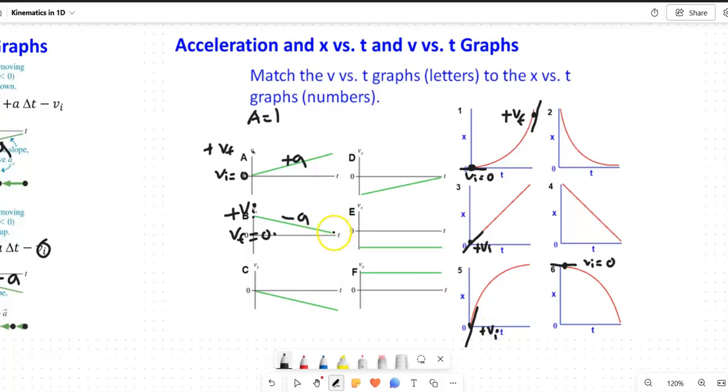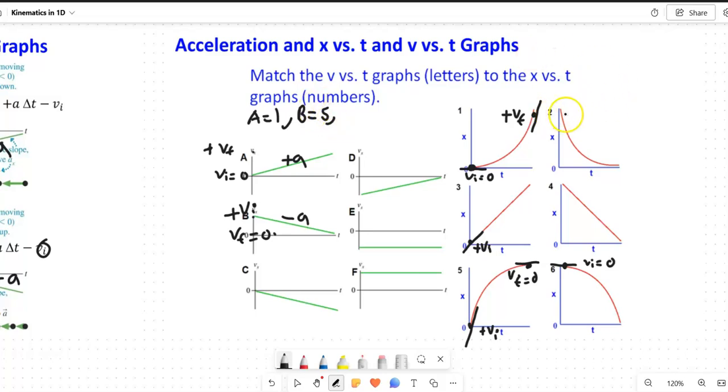But we want later on where the velocity is 0. So final velocity equals 0. This final velocity is the same as the initial velocity. So it looks like that acceleration is making that positive velocity become, subtracting from it such that it becomes 0. So it looks like B is equal to 5.